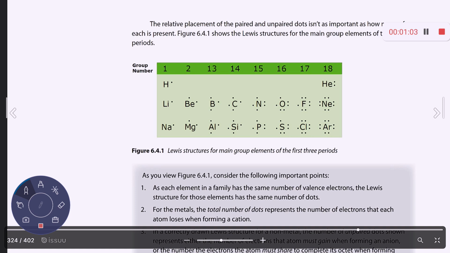So here this is showing you that elements in group 1A or group 1 would have one dot on them because they have one valence electron. And then elements in 2A would have two dots because they have two valence electrons. And then it proceeds from there. 3A, 4A, 5A, 6A, 7A, 8A. All of those elements have the corresponding dots that go with their valence electrons.